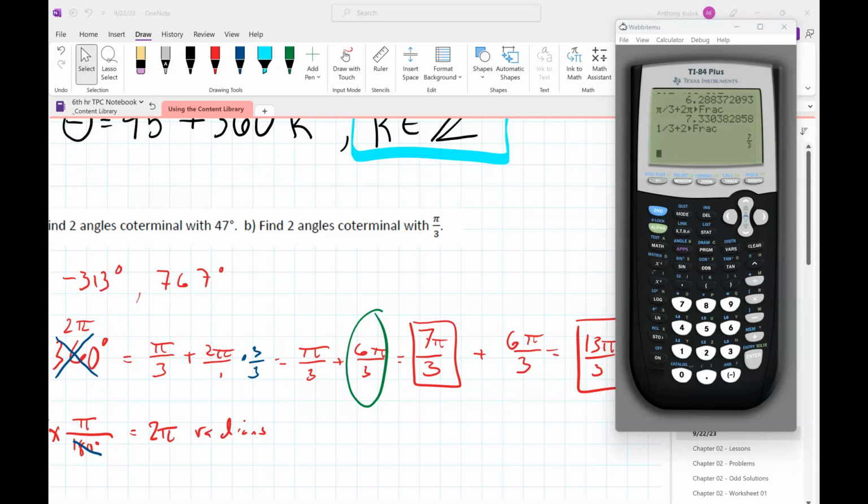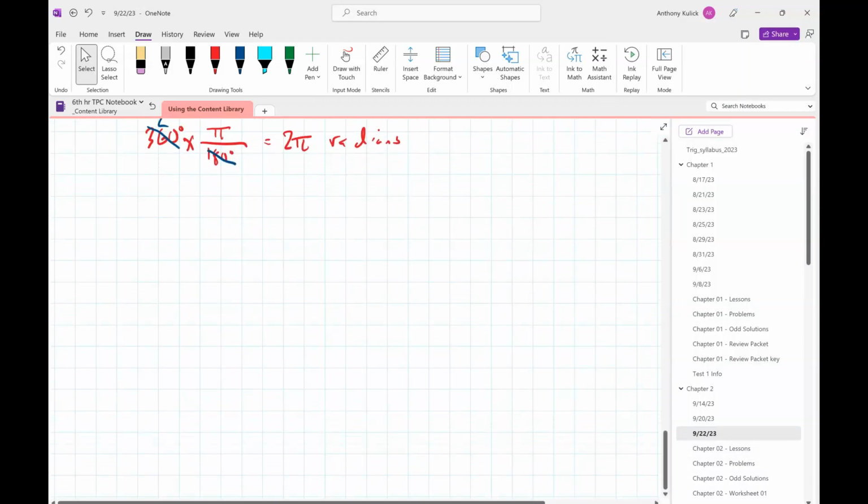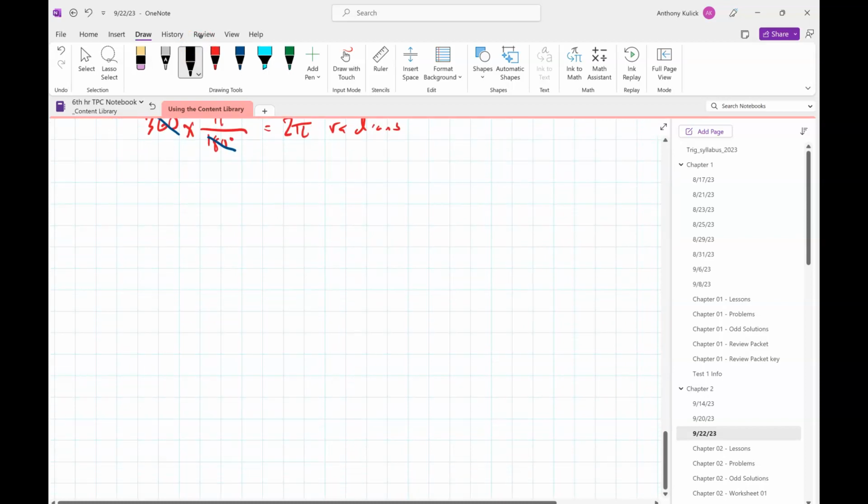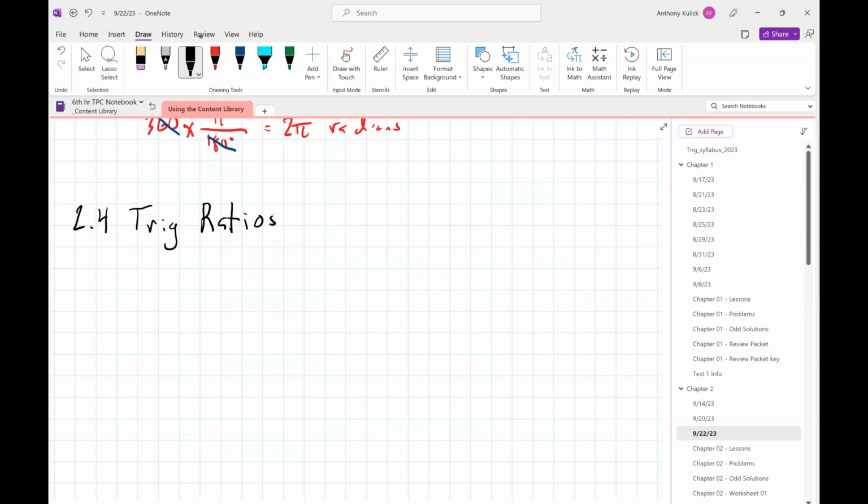Okay. All right. So now we have all the tools that we need to move on to sine, cosine, and tangent, etc. Now that we have this new way to represent an angle, this angle of rotation or this standard position angle, now we have all the tools we need to extend our definition of sine, cosine, and tangent.